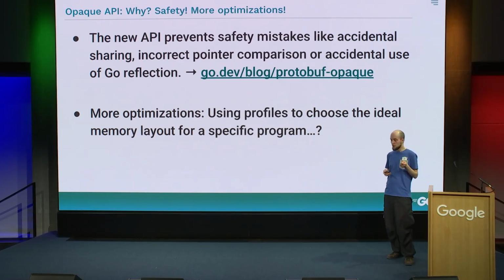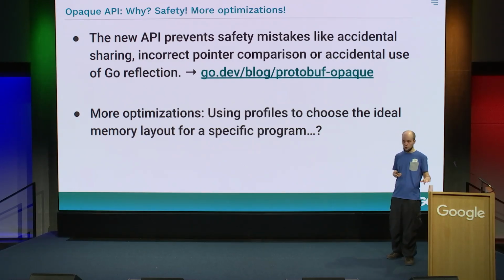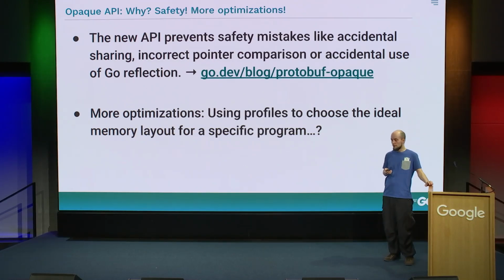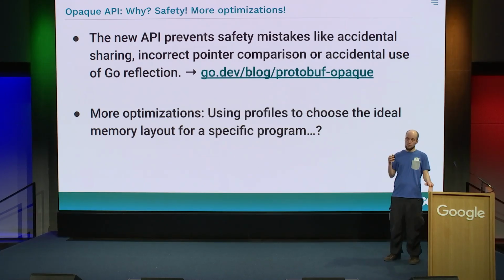One more thing I wanted to mention on the motivation part here is that more optimizations will be possible in the future. In particular, one very interesting thing we're looking at is to use profiles so that we can choose the best representation, not globally, but for your specific program.